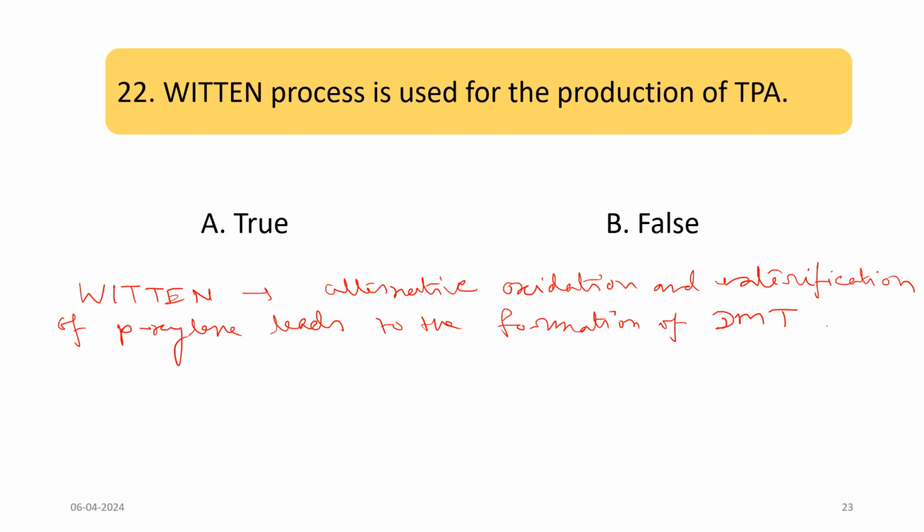So the Whittain process is not used for the production of TPA. So it is false. So the Amoco process is used.